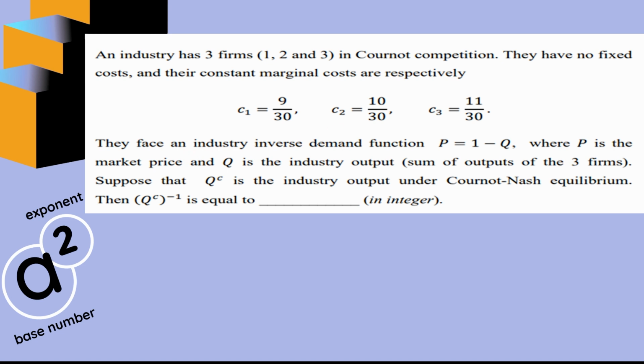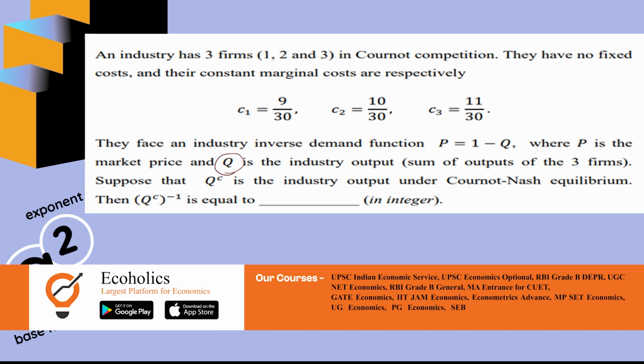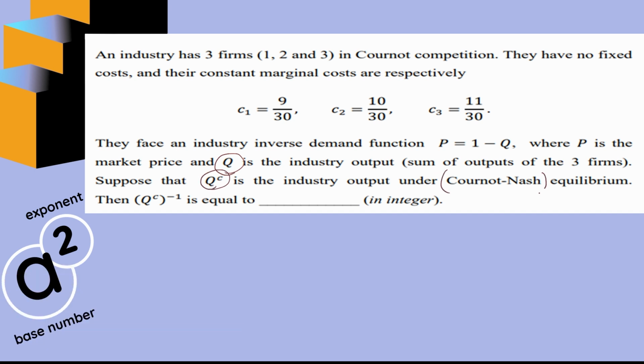They face an industry inverse demand function, which is P is equal to 1 minus Q, where P is the market price and Q is the industry output, basically the sum of the outputs of the three firms. Suppose that QC is the industry output under Cournot-Nash equilibrium, then QC to the power minus 1 is equal to what?